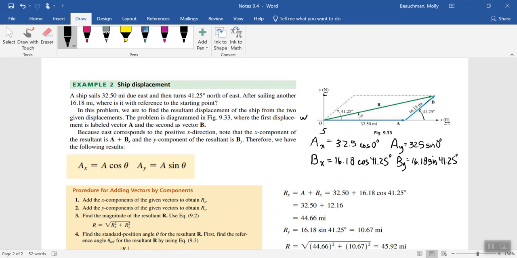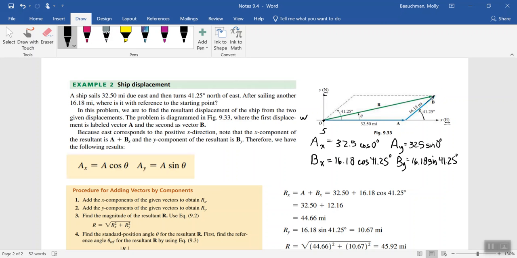Then after sailing that 16.18 miles, where is it with reference to the starting point? So we want to find displacement, which means how far you have traveled from where you started. So we want to find this resultant vector, and then we also want to find the angle it makes with the x-axis. So we're not given the components this time like we were last time, because they were at right angles.